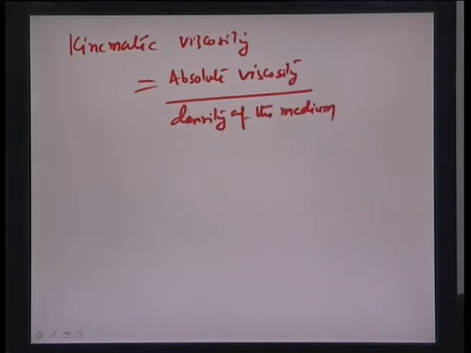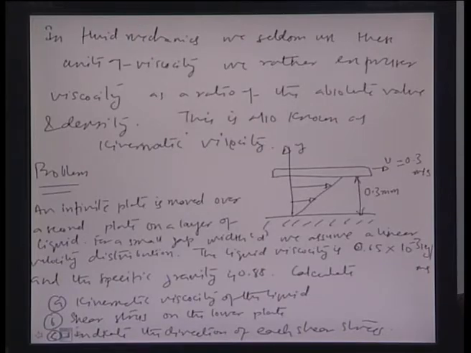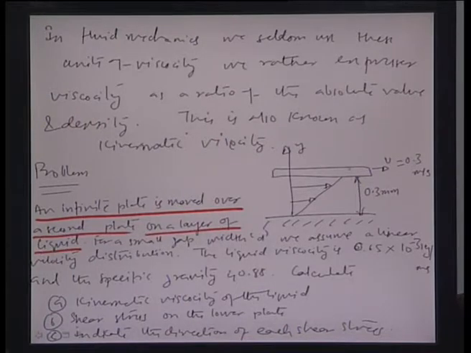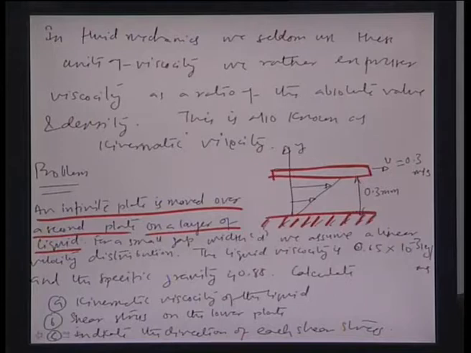I would like to go ahead and do an example problem. As illustrated here, there is an infinite plate, infinite in the z direction, which is moved over a second plate which is fixed, on a layer of liquid. For a small gap of width d equal to 0.3 mm, we assume a linear velocity distribution.